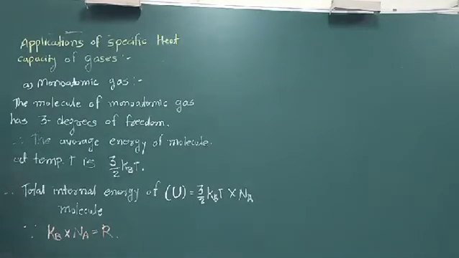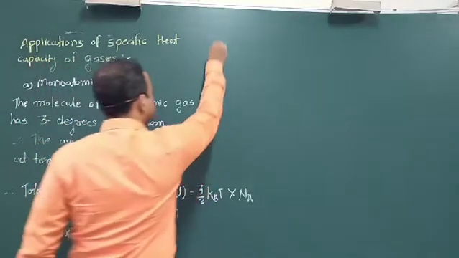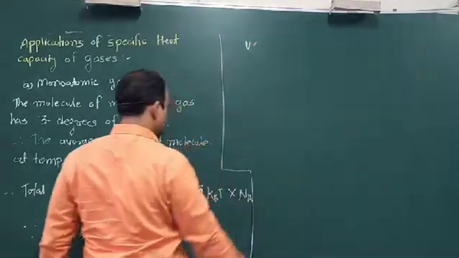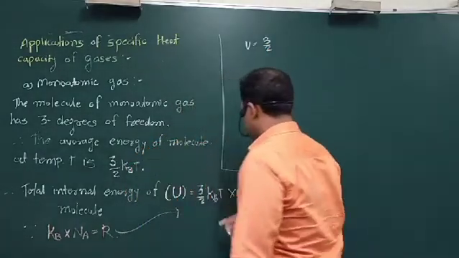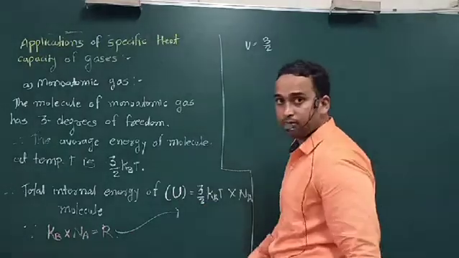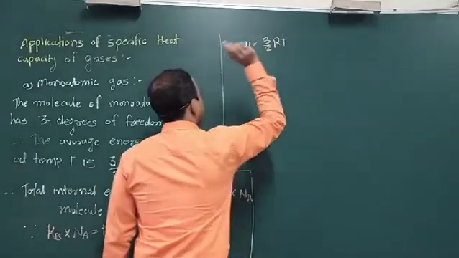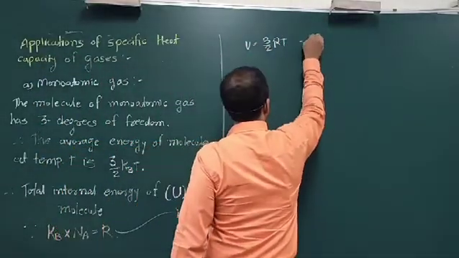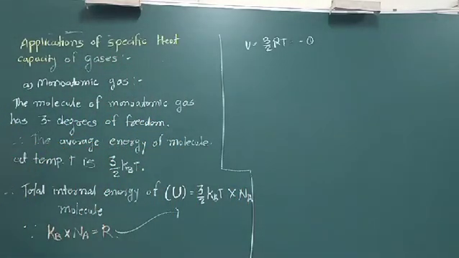Substituting this in the equation, we get U is equal to 3/2 R T. This is the total internal energy.